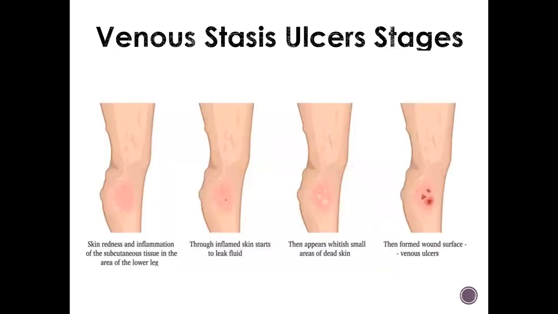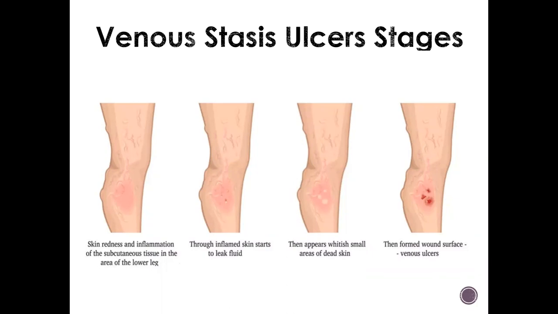Next, we have our venous stasis ulcers. These are caused by incompetent venous valves or deep vein obstruction or inadequate calf muscle function, resulting in venous pooling, edema, and impaired microcirculation of the skin. They're usually located around the inner ankle or in the lower part of the calf.